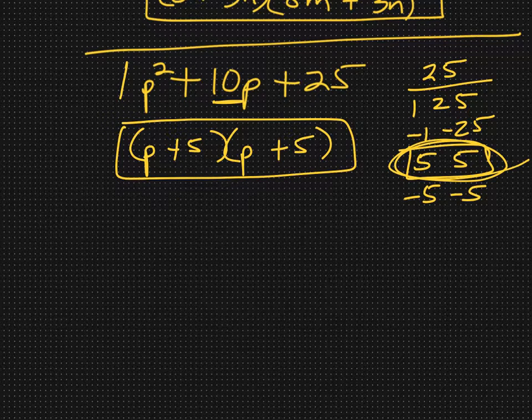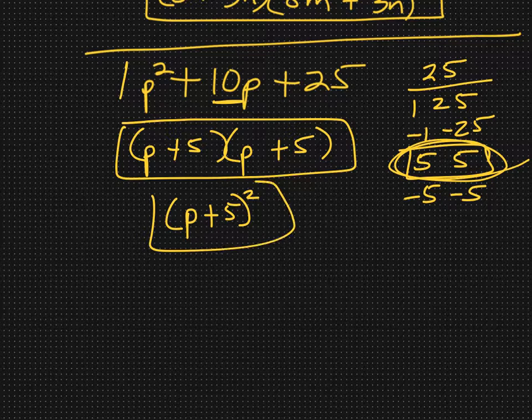Sometimes your book will write, when it has repeated factors like this, as P plus 5 squared. That also is a good answer. So either one of these is good. I'm not putting check marks because they're wrong. I'm putting check marks because they're right, actually.